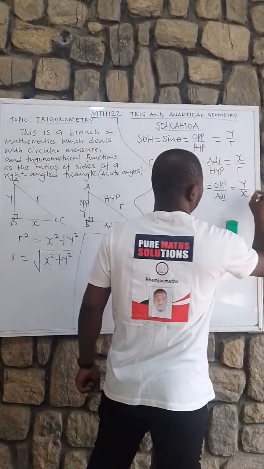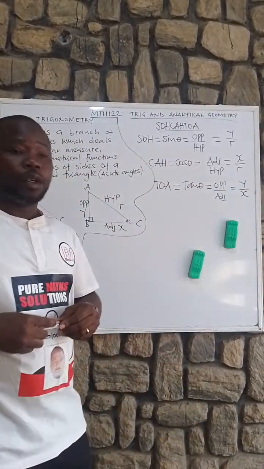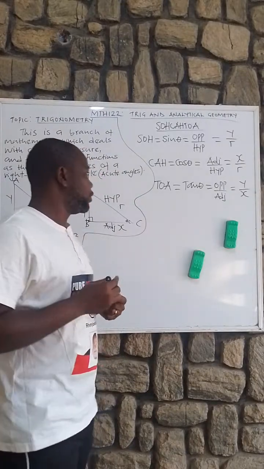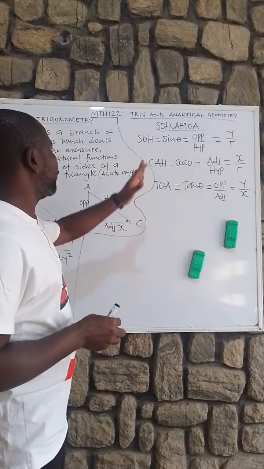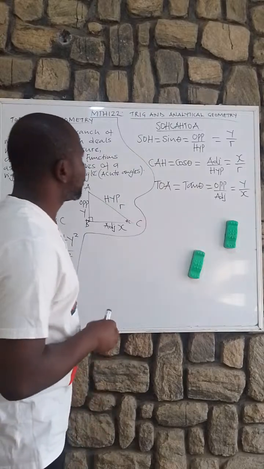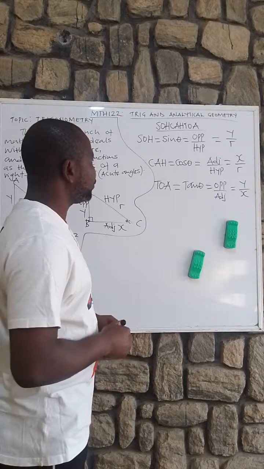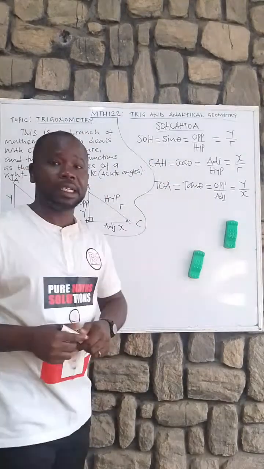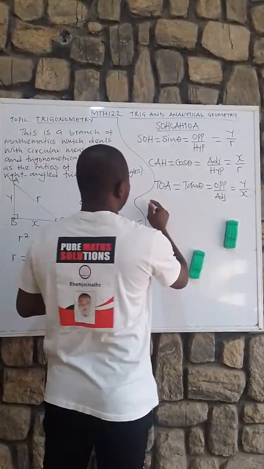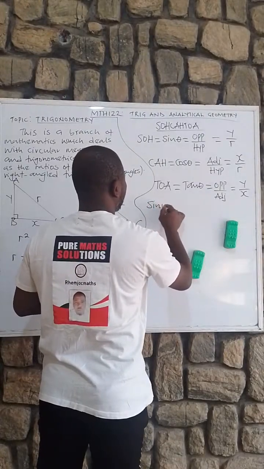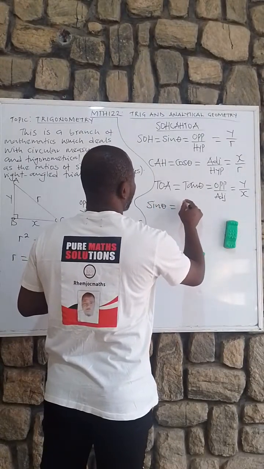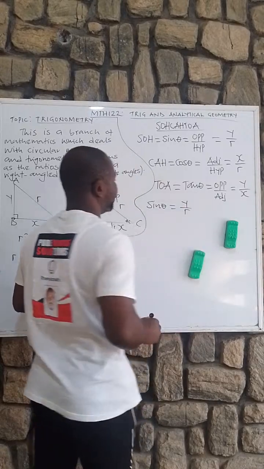Okay. So before we begin to do any proof or any other thing, we must take note of this. So now let us write them out. Let's define them very well, properly. Is that clear? So this means that sine theta is equal to y all over r.